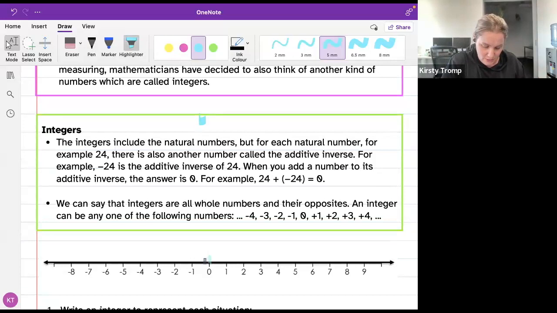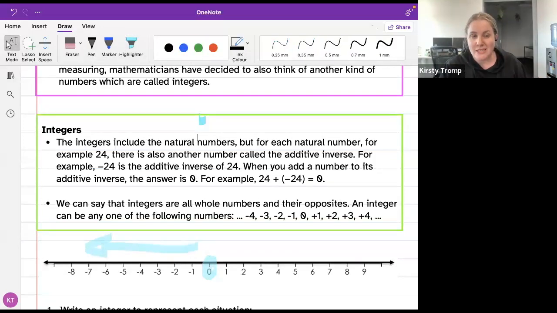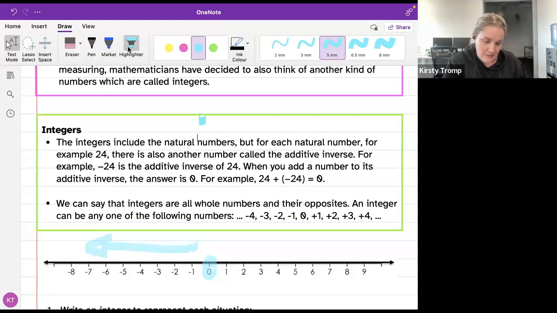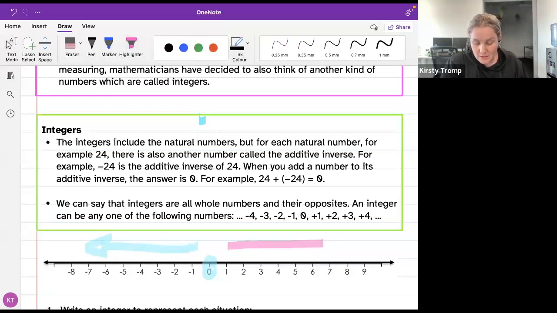So here is our 0. If we go to the left of 0, we can see that all the numbers on the left are negative numbers. If we go to the right of 0, just like we've always seen from the time we started counting, all the numbers to the right of 0 are our positive numbers.